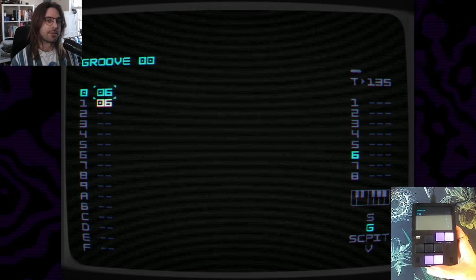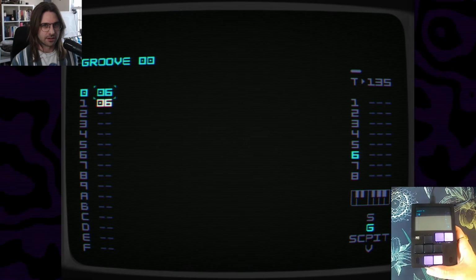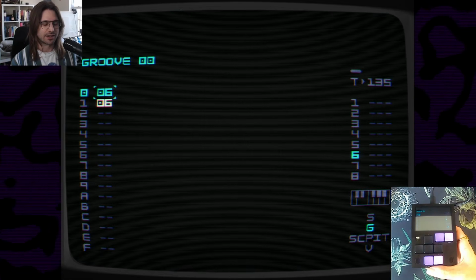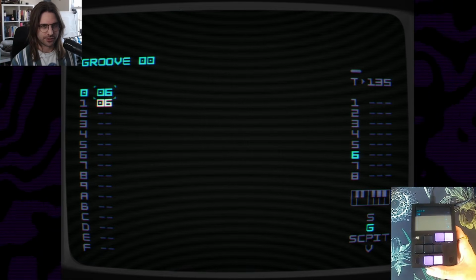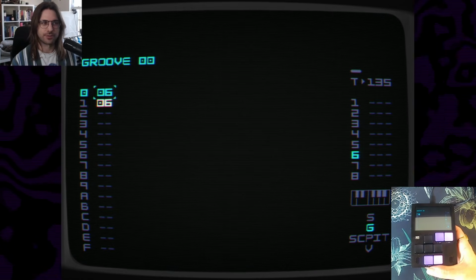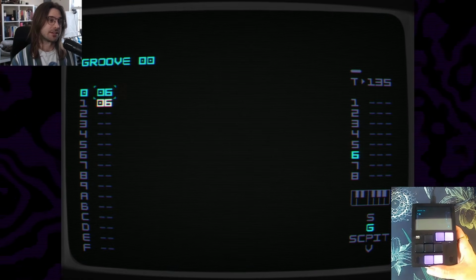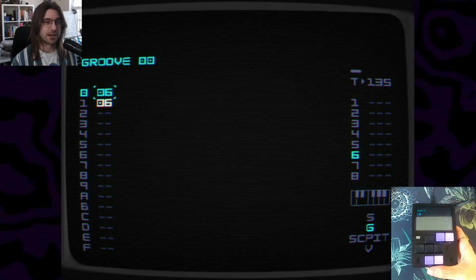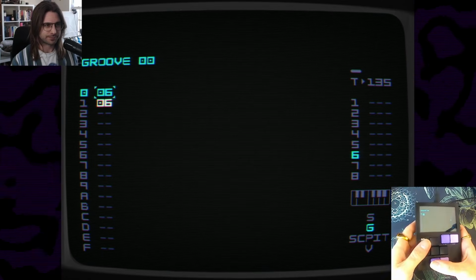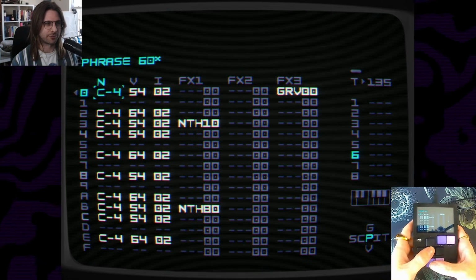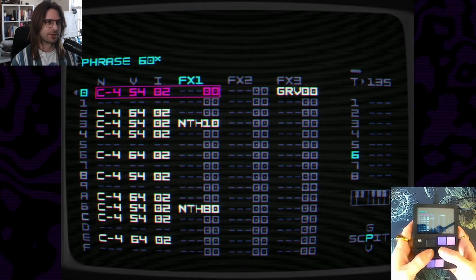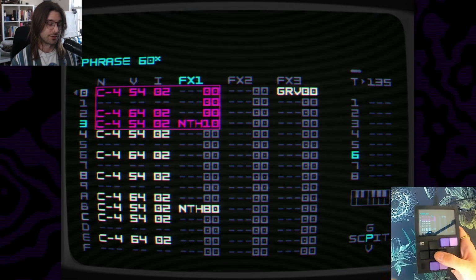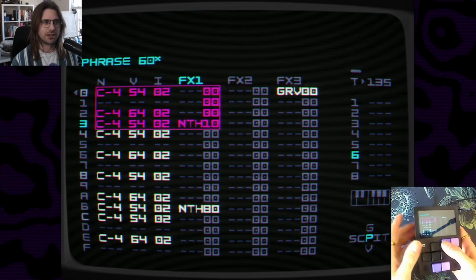The M8's clock is synchronized at 24 pulses per quarter, or 24 ppq. What that means is there's 24 ticks in the span of each quarter note. So if we're back on our phrase page here, a quarter note is these 4 steps: 4 16th notes equals 1 quarter note.